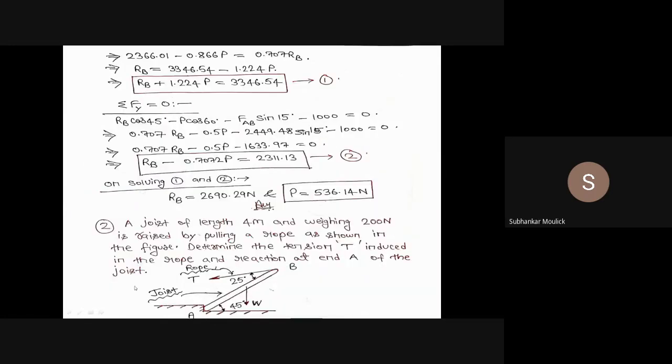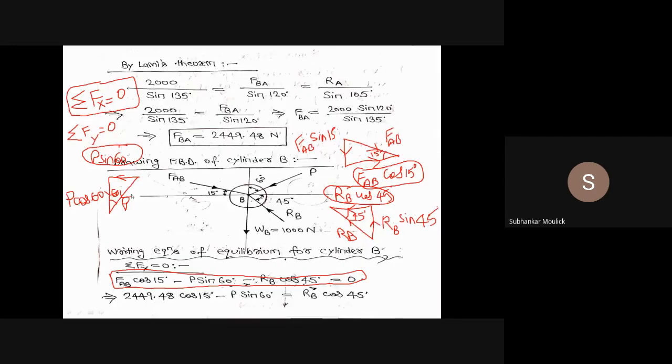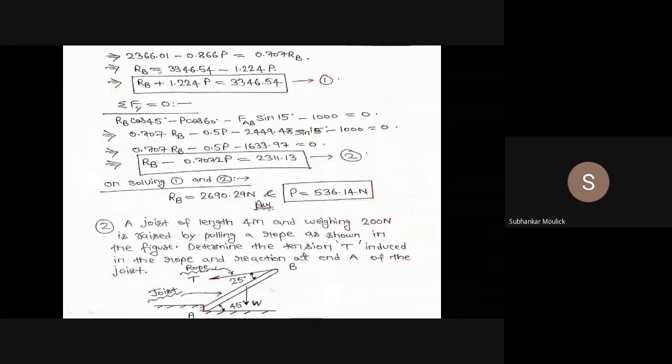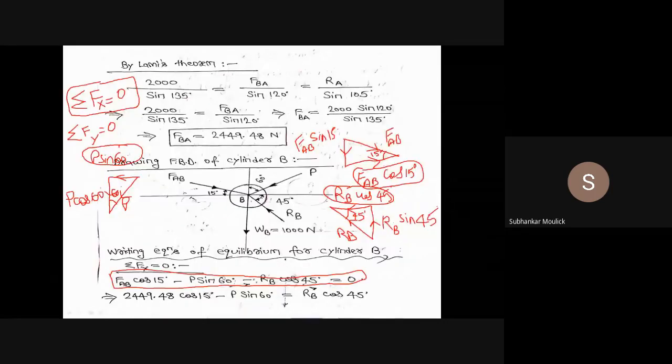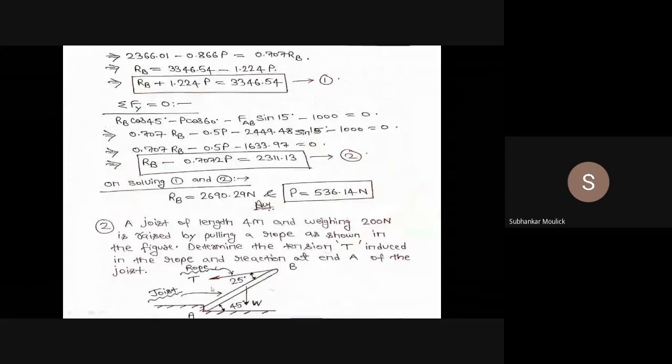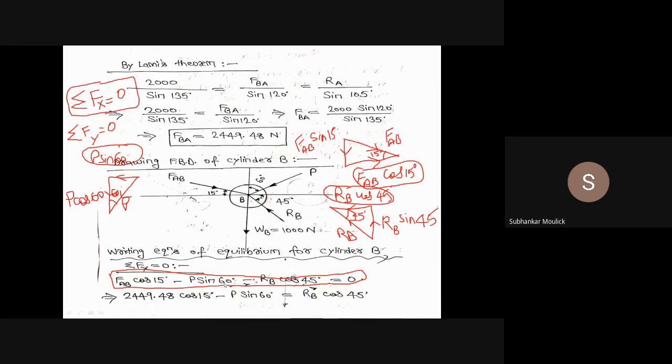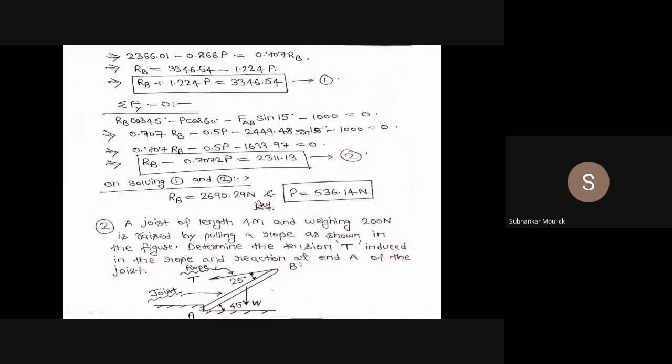If you solve further, this entire value becomes 2366.01 minus sin 60, which is 0.866 times P, equal to cos 45, which is 0.707 times RB.